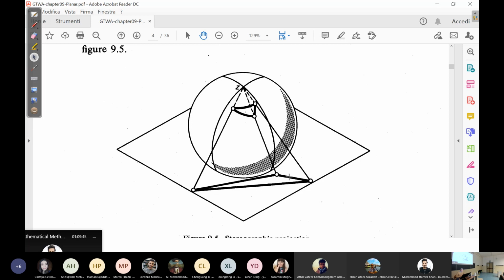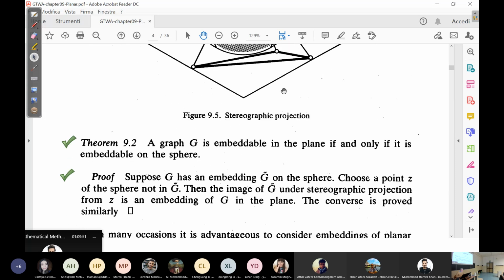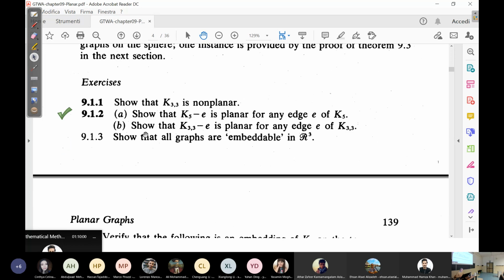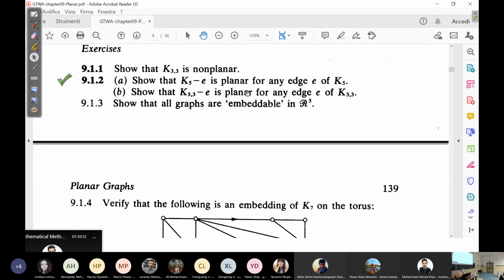A graph embedded in the plane, and you can get a graph embedded in the sphere. So you have what is here: a graph is embeddable in the plane if and only if it is embeddable on the sphere. Okay? And now this easy exercise, find plane embeddings of K5 minus 1 edge or K33 minus 1 edge.